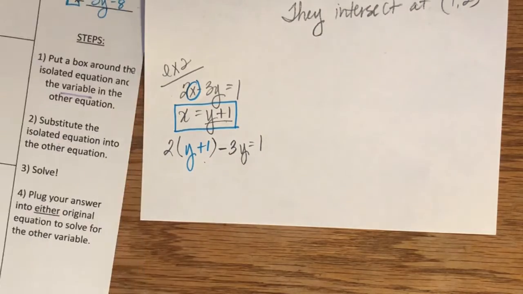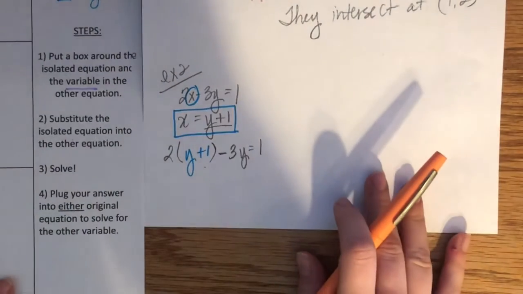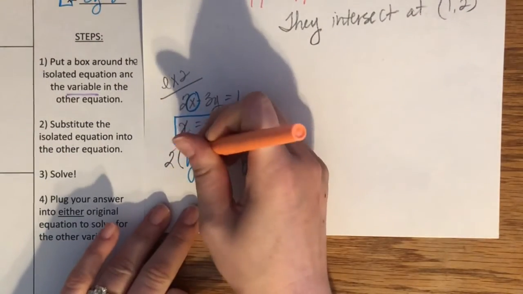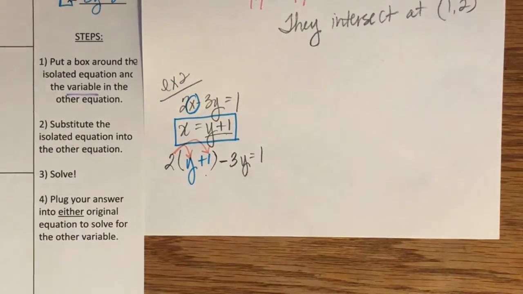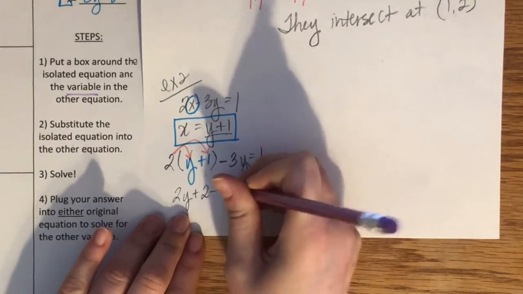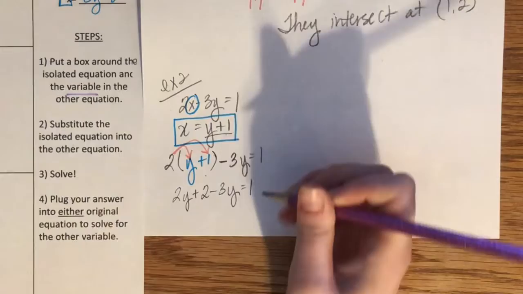Now we're going to solve. It's just like before, I need to distribute. So I end up with 2y plus 2 minus 3y equals 1.